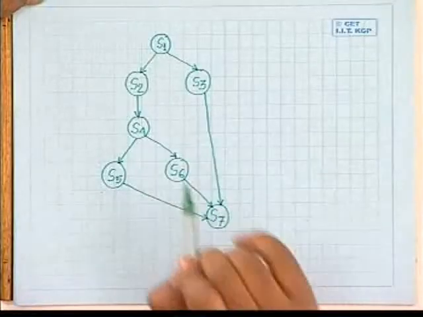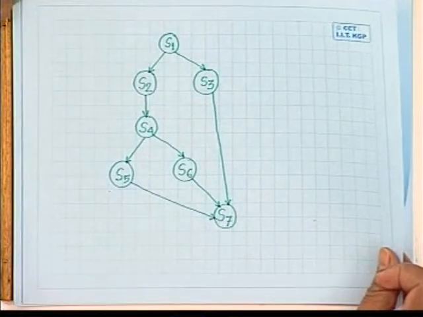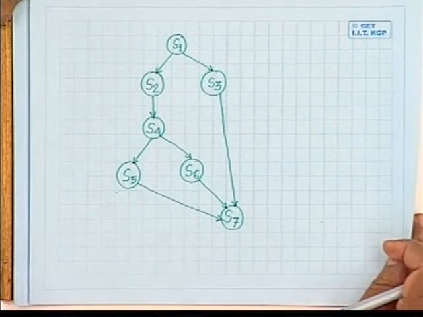Now, given such a type of precedence graph, let us see how we can write a code for execution of this precedence graph, making use of concurrency as far as possible. So we have to write our code like this: first, the statement that has to be executed is statement S1.